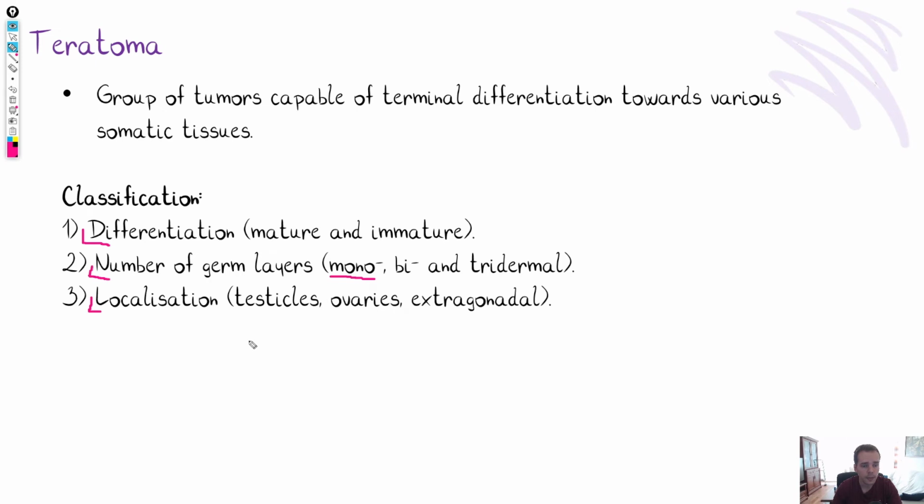We can also subclassify it according to the localization. Teratomas can occur in testicles, ovaries, or in extragonadal regions. Especially the testicles and ovaries are quite important because the biological behavior is driven by different things in testicles and in ovaries, and we will discuss it in a minute.